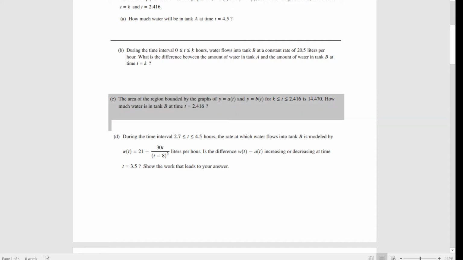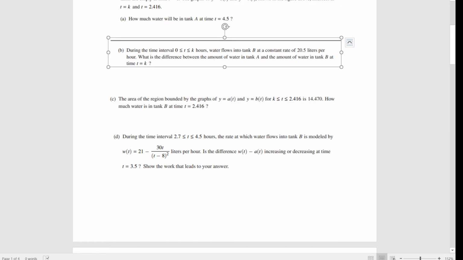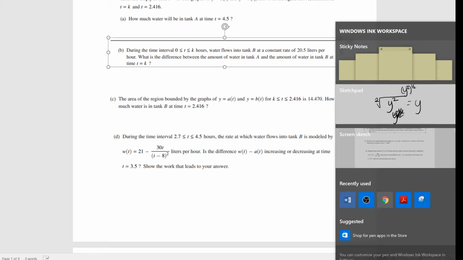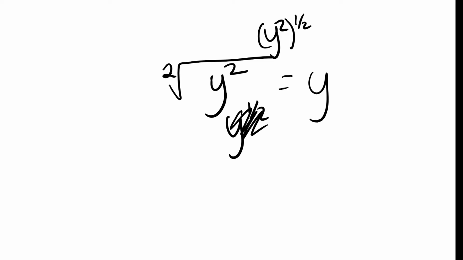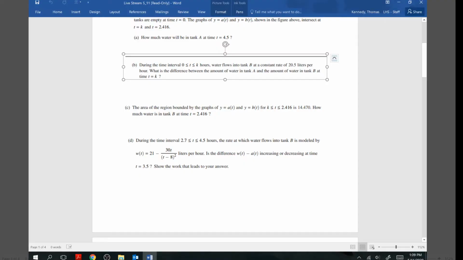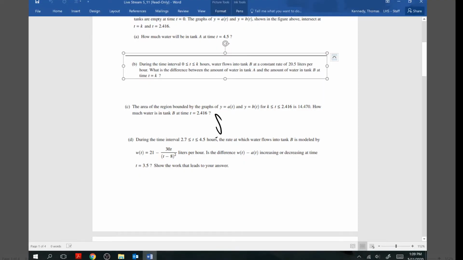We can use stuff from our previous question to go about solving this, because we already know that, oh gosh, what am I doing? I'm goofing. Here we go. The integral from 0 to k of b of t was just like that 18.286 thing from the previous question.